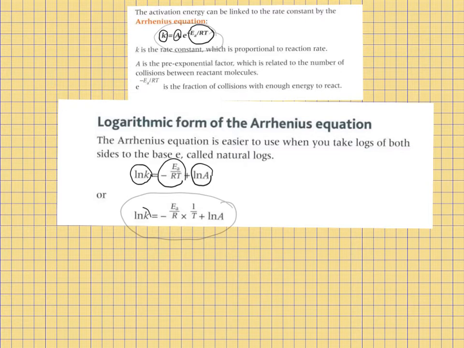Or natural log of the rate constant equals minus EA over R times 1 over T plus ln A. And this then turns itself into a beautiful y equals mx plus c equation.